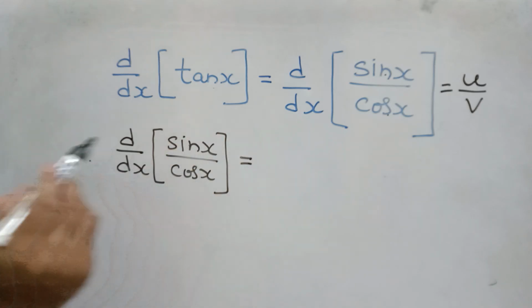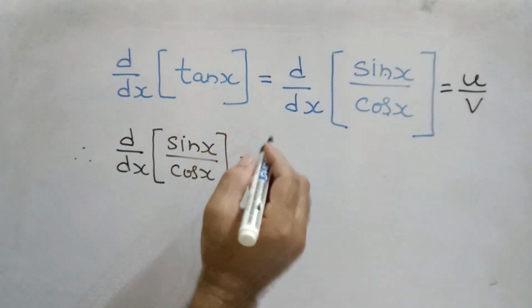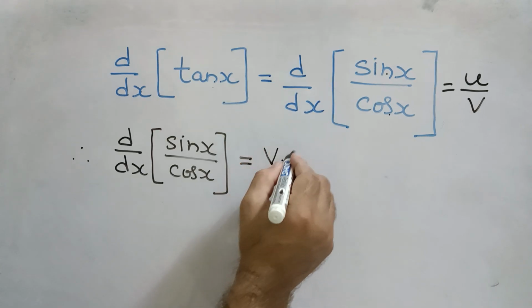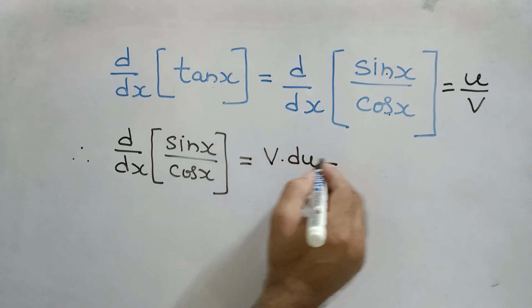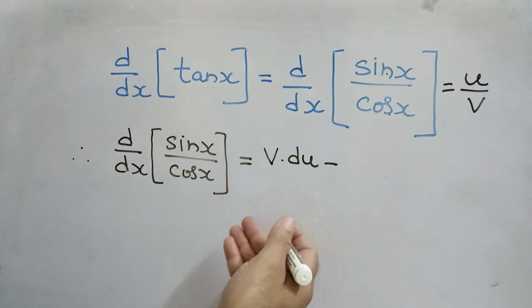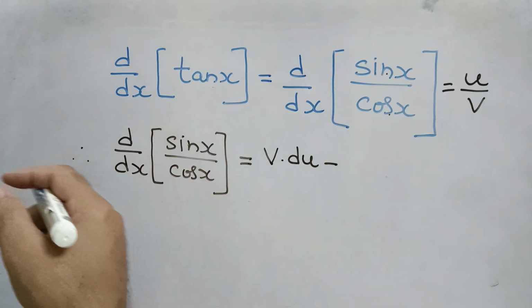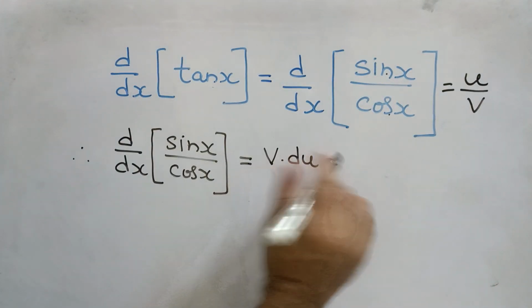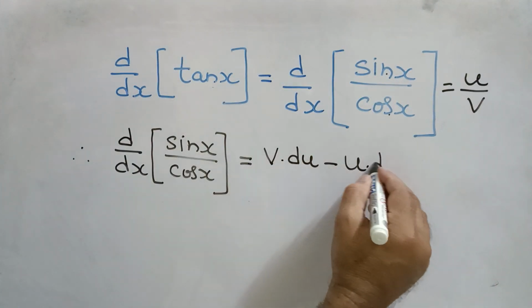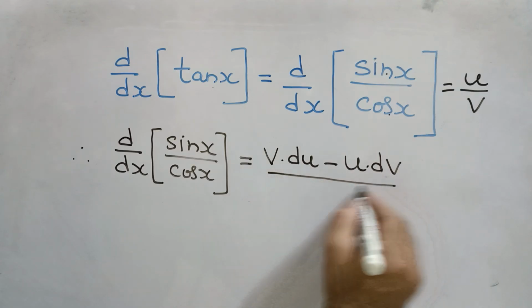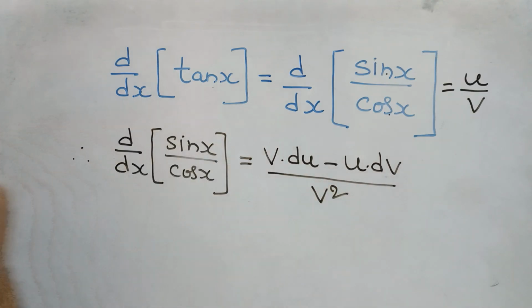What is the formula I just told you? Have you remembered it? I am writing again; as I write repeatedly, you can remember it very effectively. So v du minus u dv by v square. This is the general formula you have to remember.